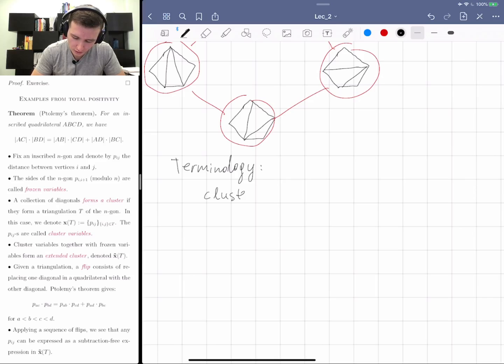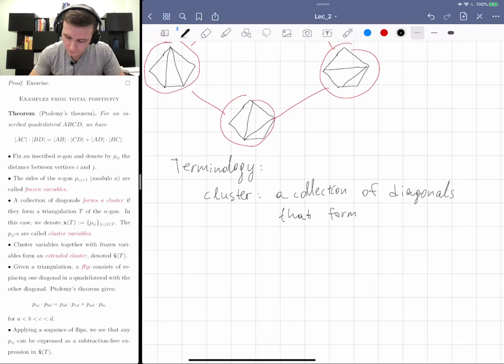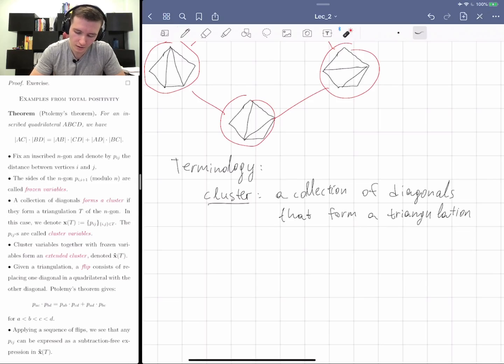By a cluster, I'm only going to mean a collection of diagonals that form a triangulation. The sides belong to any triangulation, and I'm never going to divide by the side. These are usually called frozen variables.